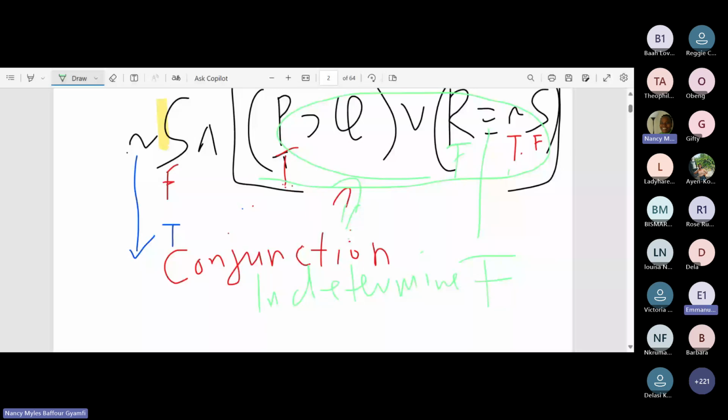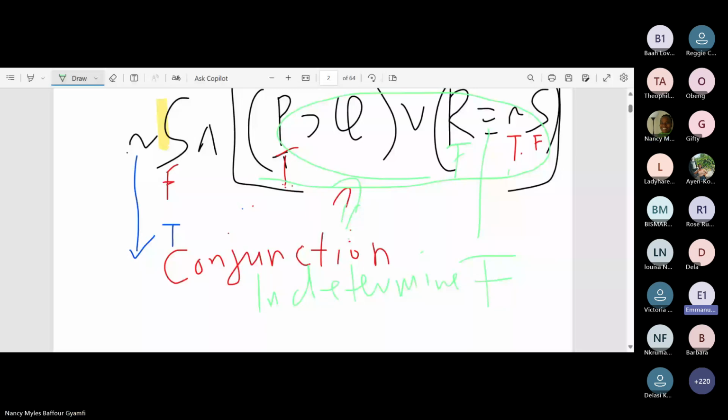I'm asking you to tell me the truth value of the given formula. What is its truth value? Is it true? Yes or no?